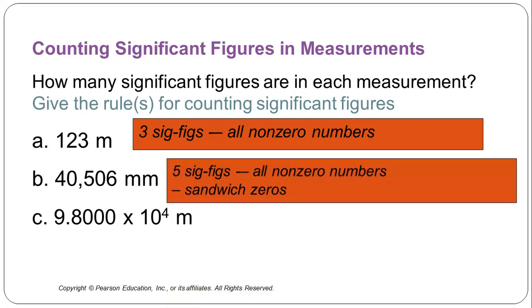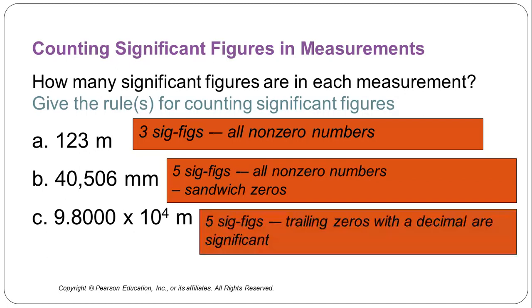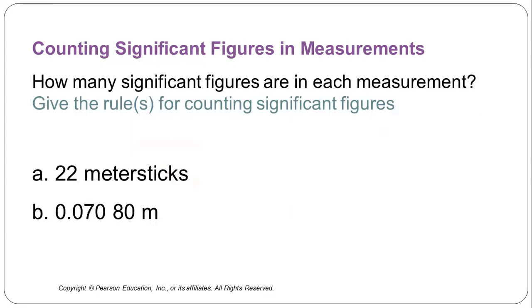Yung letter B ay 5 significant figures kasi lahat yan ay non-zero numbers at saka meron siyang sandwich zero. Yung letter C naman is 5 significant figures because of the 4 trailing zeros with a decimal. Okay, so those digits are all significant.